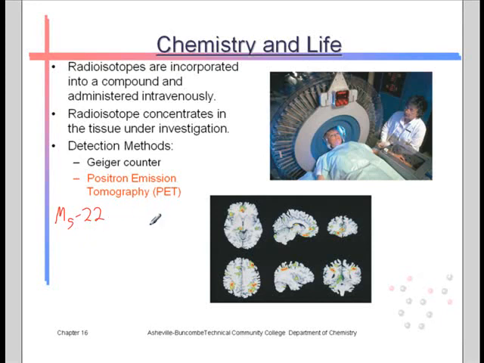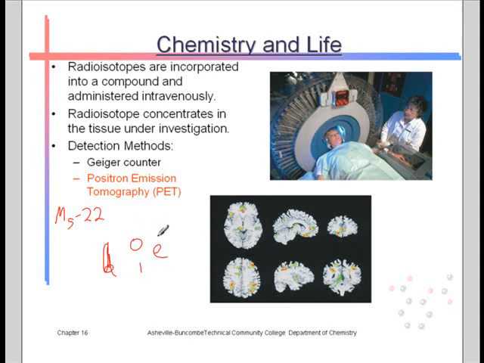But what happens here is that when that positron is kicked off, that's the symbol for the positron, in the body, it's actually not the positron that's detected. What happens is that there's a collision with another substance.